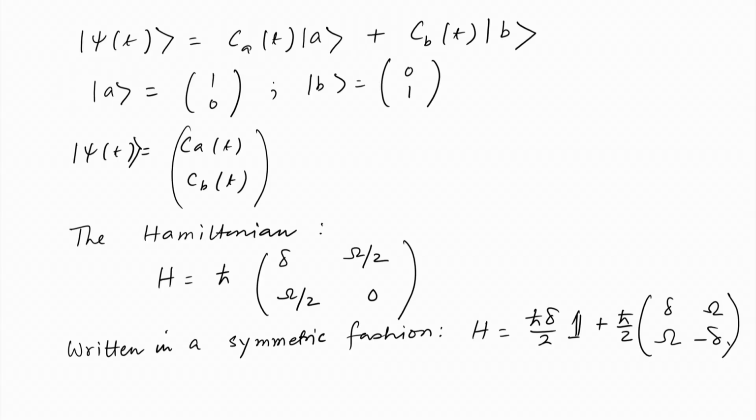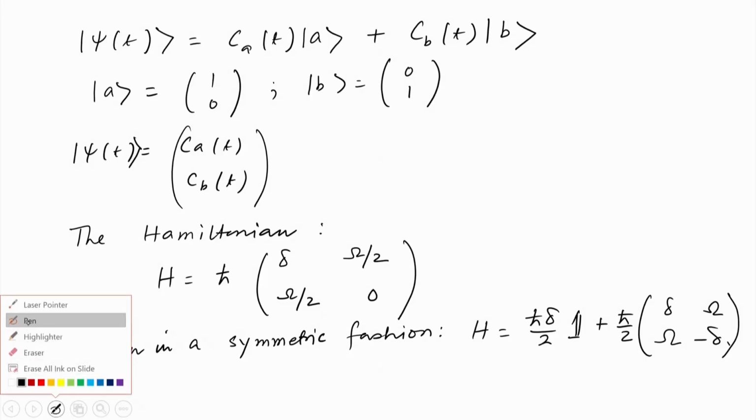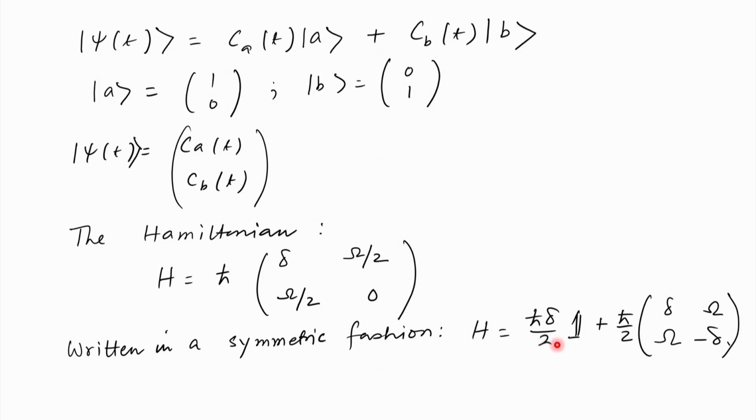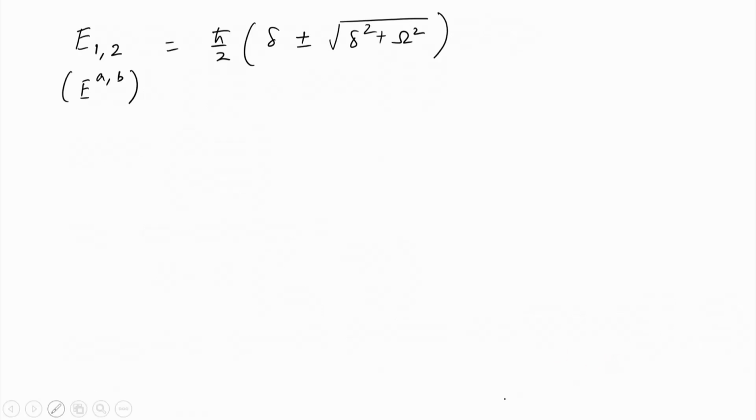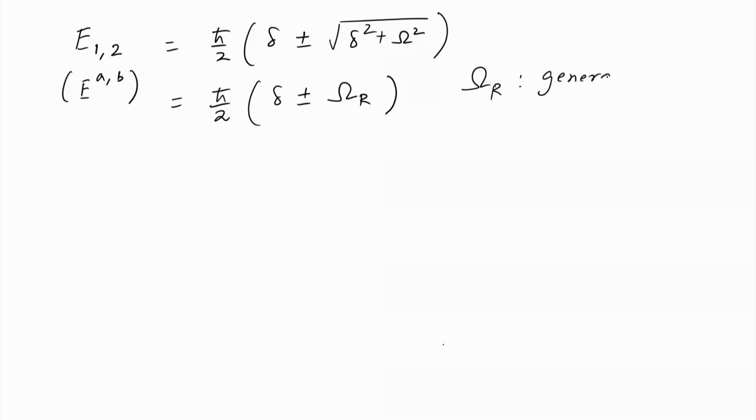One can see that the constant term, the first term on the right-hand side, introduces a shift in the energy levels compared to the root of delta squared plus omega squared, and this is written as ħ/2 times delta plus or minus omega r, where omega r is called the generalized Rabi frequency.